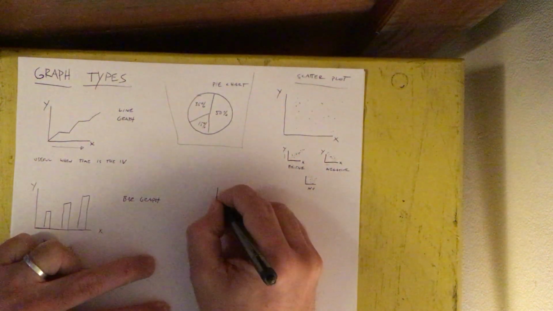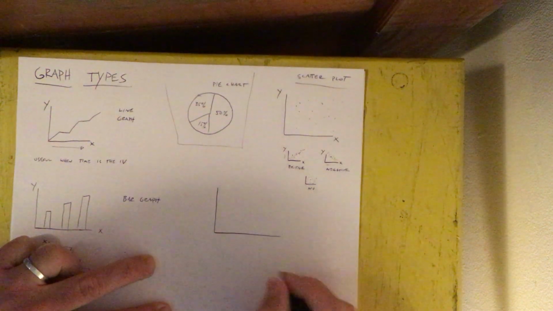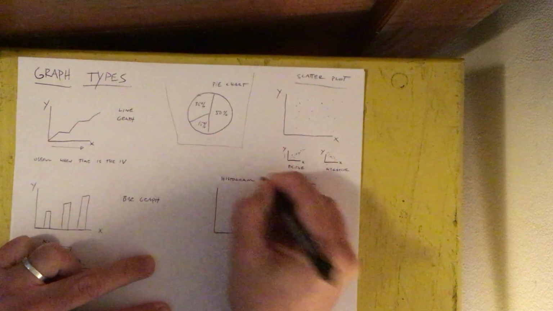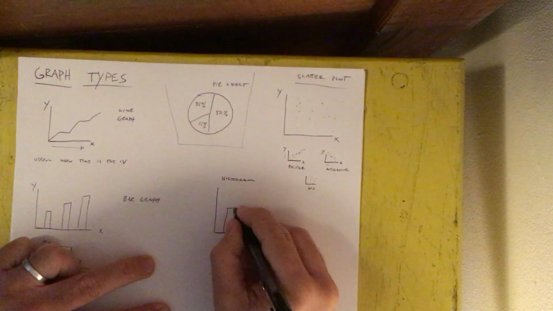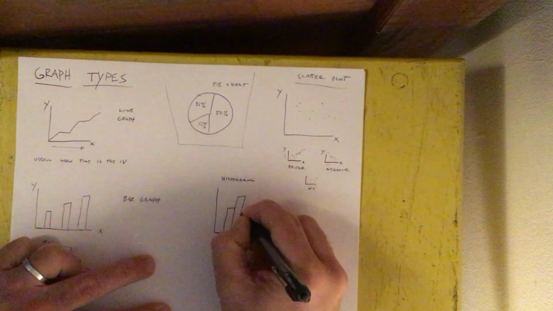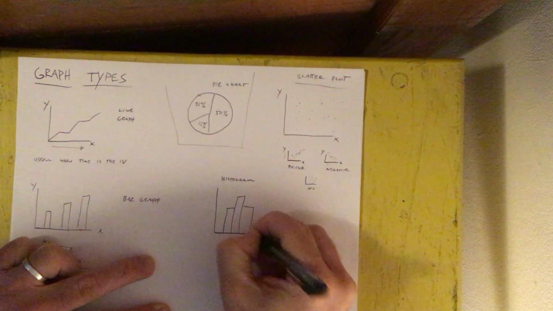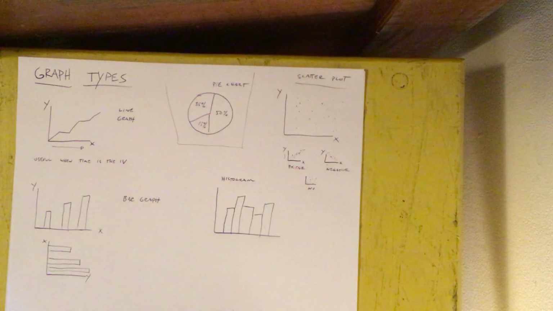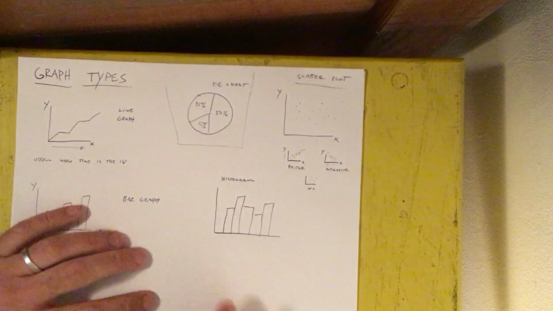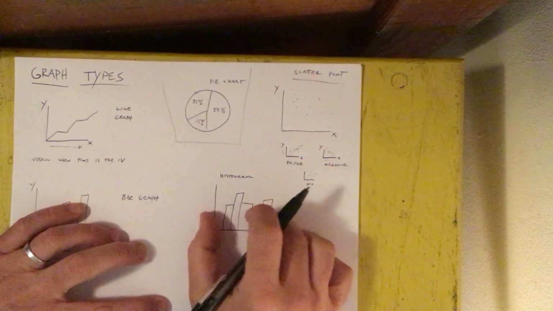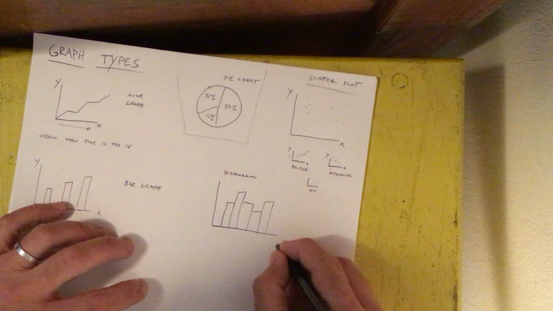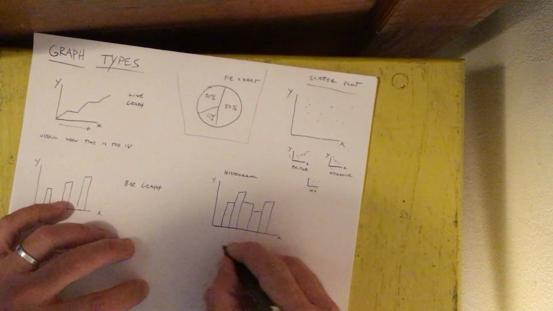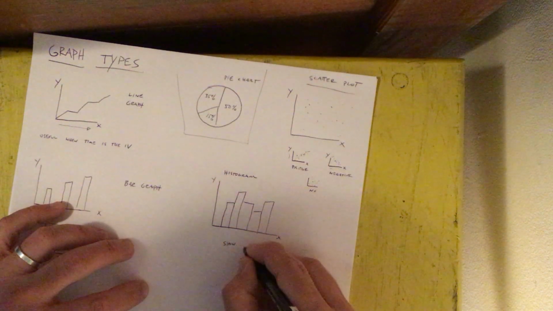Another type of graph that you might encounter is something called a histogram. And a histogram is a special type of bar graph where the bars are touching, and in a histogram the bars are always used to show frequency.